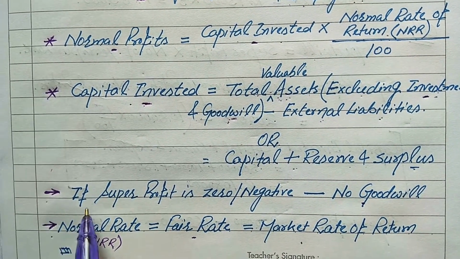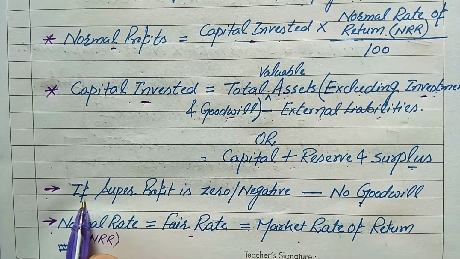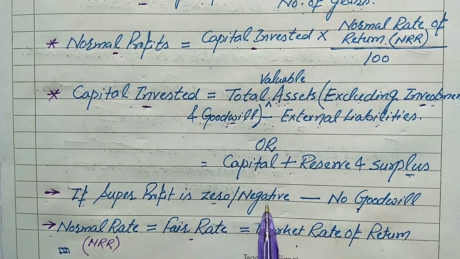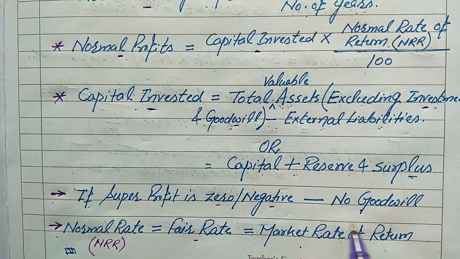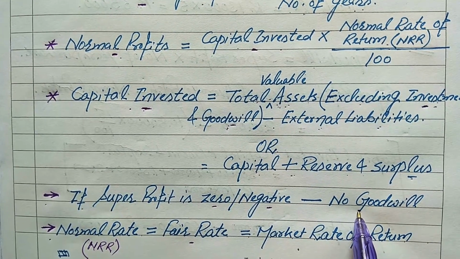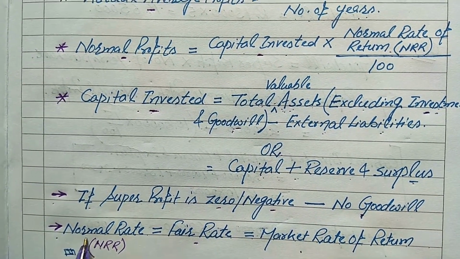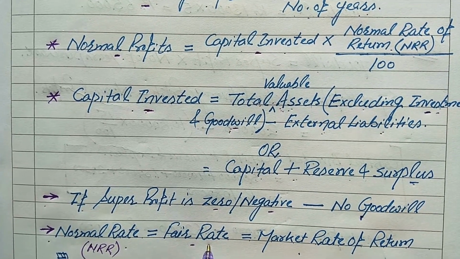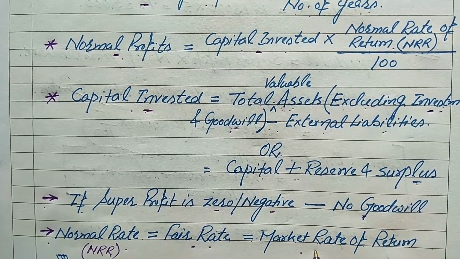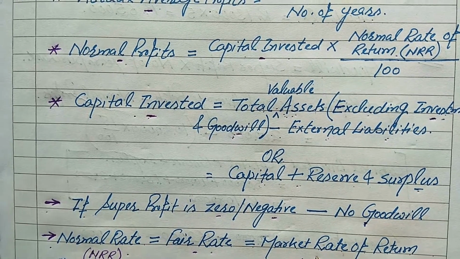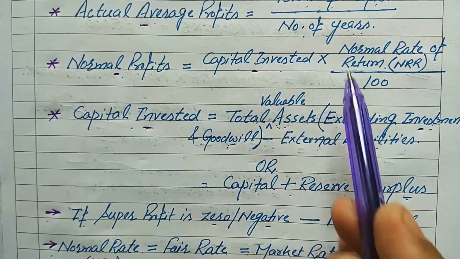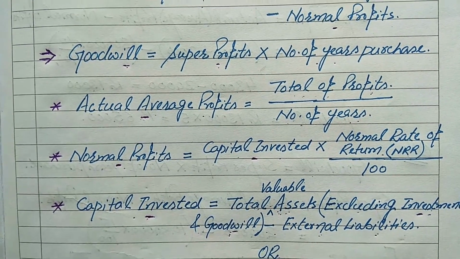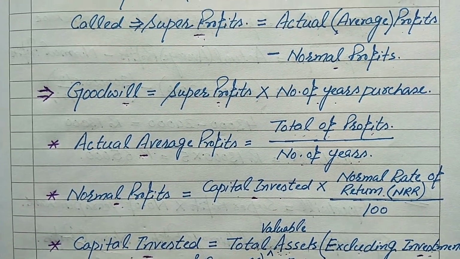Number one, if in the case of any firm super profit is 0 or negative, that means that firm has no goodwill. Second, normal rate of return is also known as fair rate of return, or market rate of return. So this is the information required for the valuation of goodwill by the super profit method.